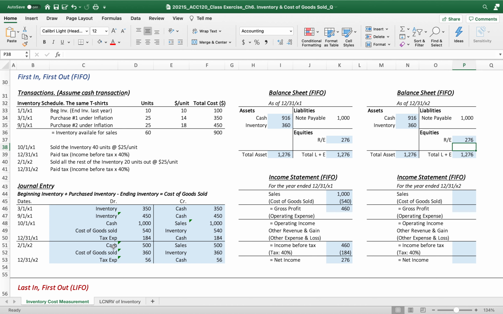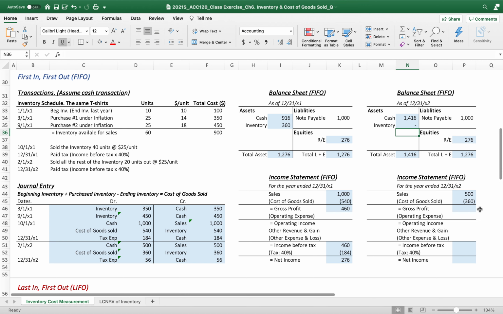So the cash, now cash in by selling the product, the remaining inventory 500, and then sales up 500. Cost of goods sold 360, and then inventory out by 360, because we sold every inventory, so we don't have any inventory at the end of the year, December 31st.